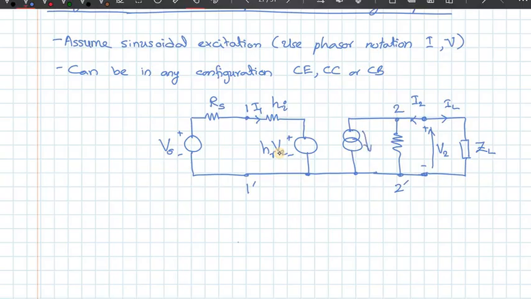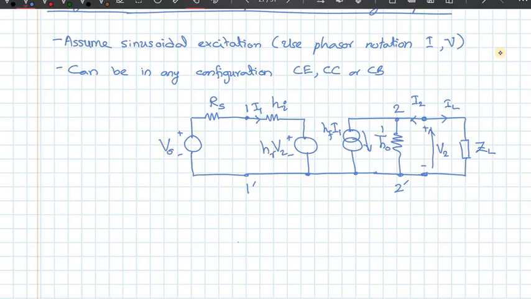This current source is hf times I1, and my output conductance is ho, so my resistance is 1 over ho if I'm marking it as a resistor.